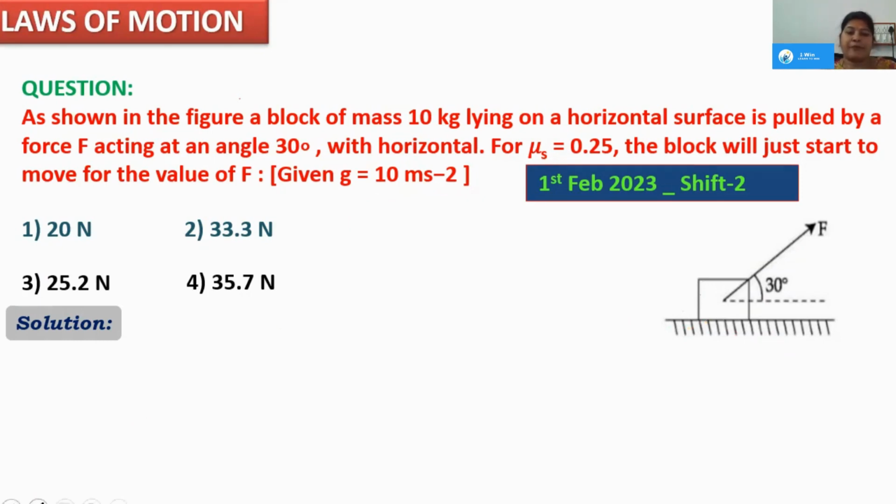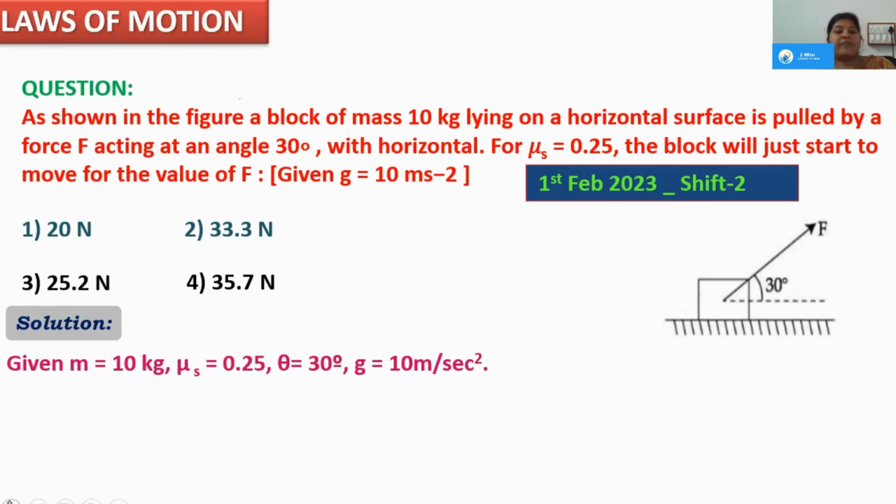So given that mass is 10 kg, the coefficient of static friction is 0.25, theta, the angle made by the force with the horizontal, is 30 degrees, and g is 10 meter per second square, right?